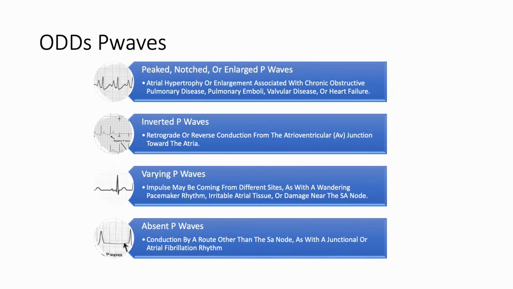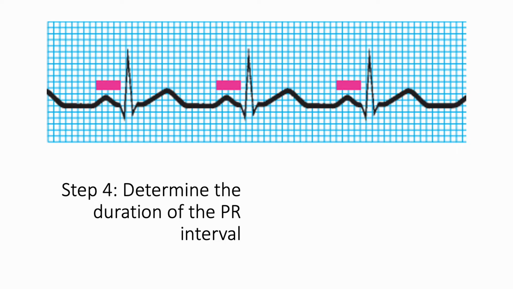You may also find different shapes of P waves, where impulses may be coming from different sites, as with wandering pacemaker rhythm, irritable atrial tissue, or damage near the SA node, where you may find varying P waves. Absent P waves are also seen in atrial fibrillation, where you will not find any P wave and the rhythm is also irregular.